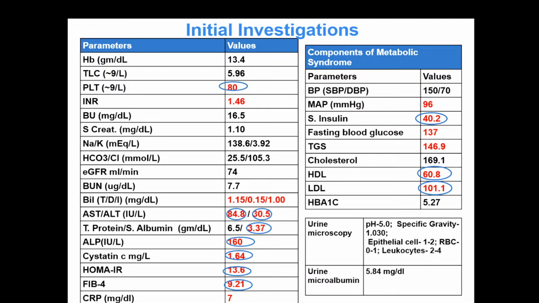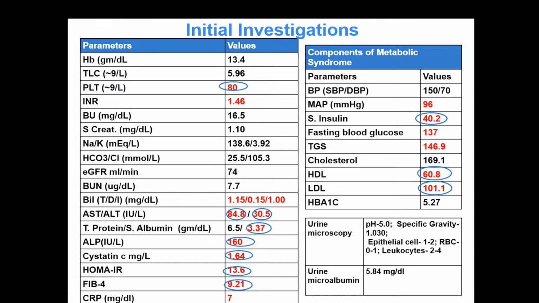Alkaline phosphatase was 160. And the cystatin C we did for this patient because there was a mild impairment of kidney function was high. The HOMA was 13.6 and FIB4 was 9, CRP was 7.